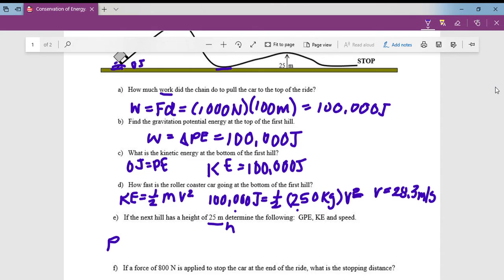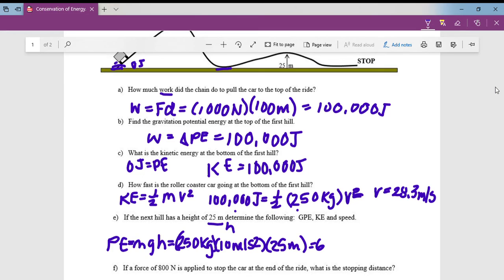We know potential energy equals mass times gravity times height. So we have 250 kilograms times gravity, which is 10, times our height, 25 meters. That gives us a potential energy of 62,500 joules.